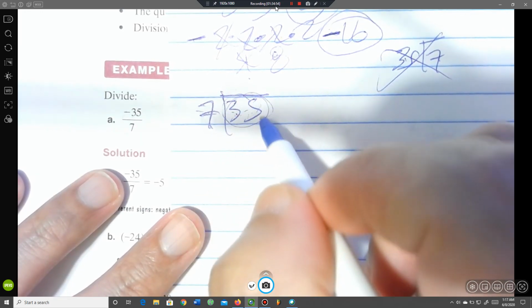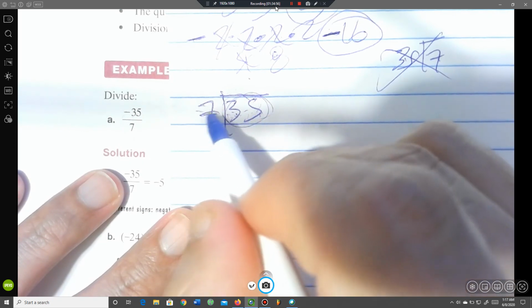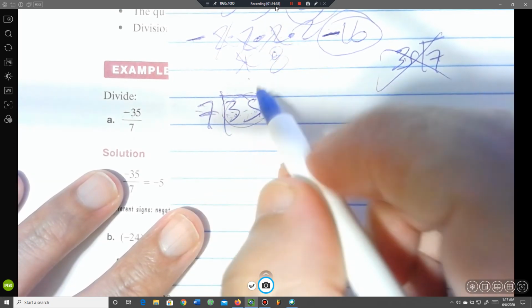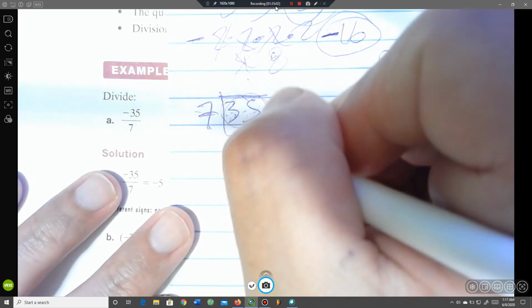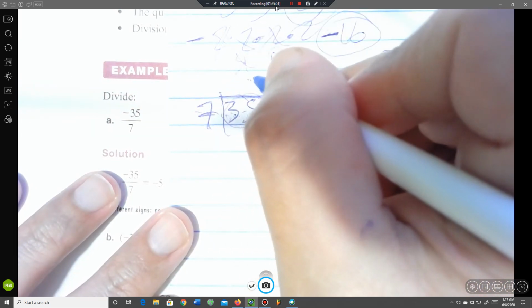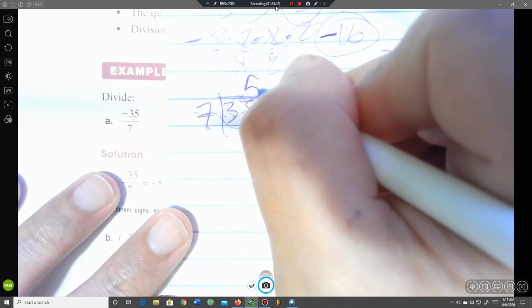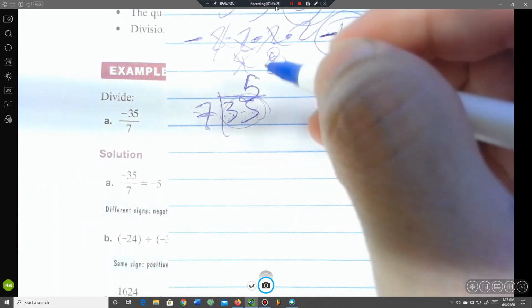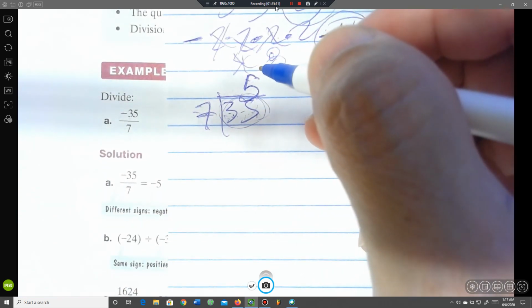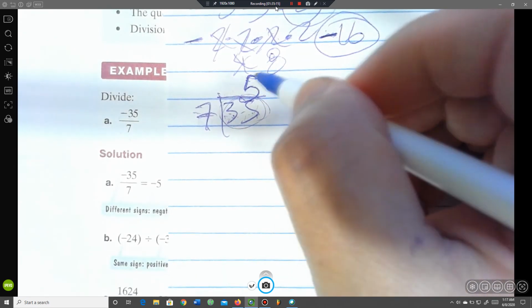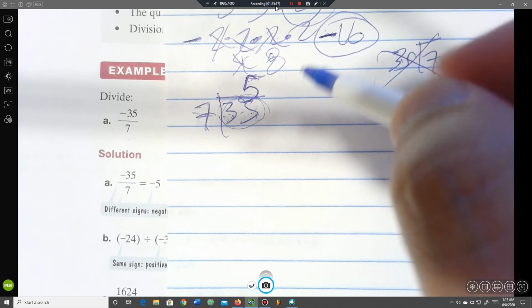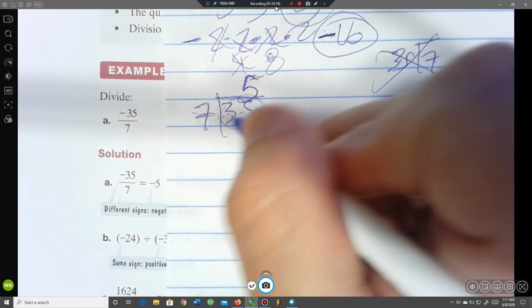That makes it a 35. Does 7 go into 35? Yeah, it does. How many times? 5. So start writing the 5 here. And that's it, because the remainder is 0.